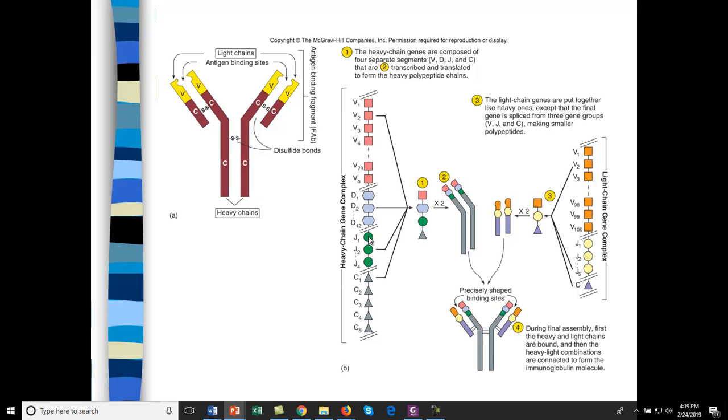Joiner region 1, 2, 3, 4, and then constant regions. And these will mix and match for a heavy chain complex and a light chain complex. And when they mix and match, then they will provide precise binding. You've got such an immune diversity here. Once these antibodies fully assemble, you have millions and millions of combinations, and each one can bind a specific type of antigen.